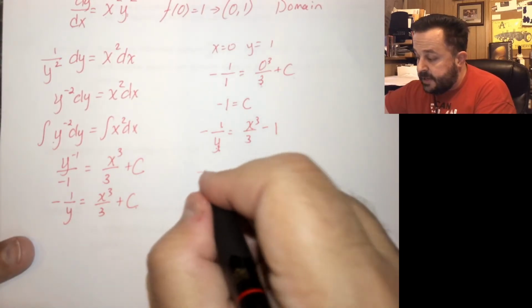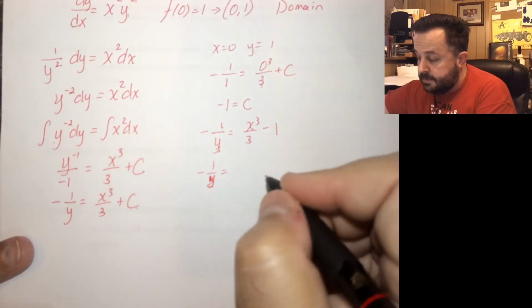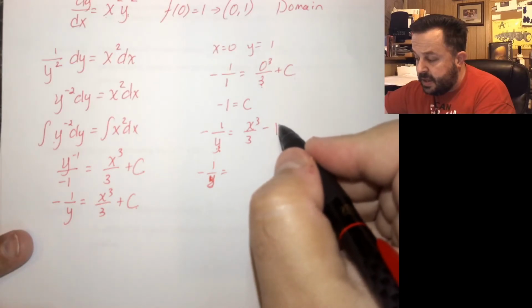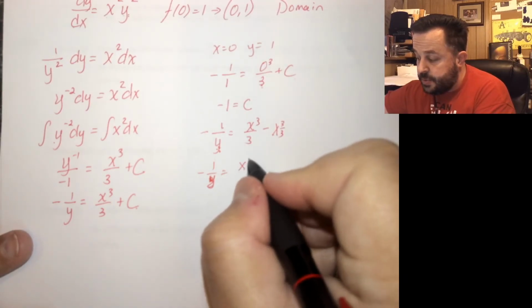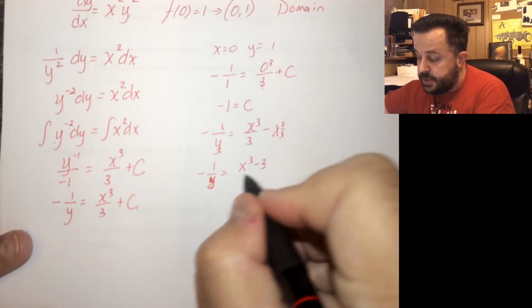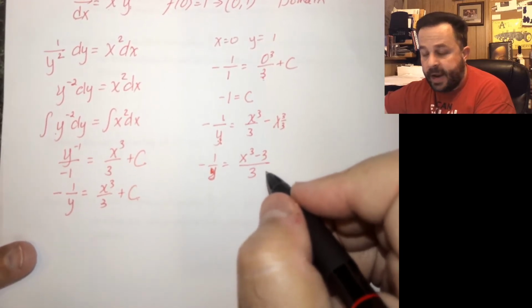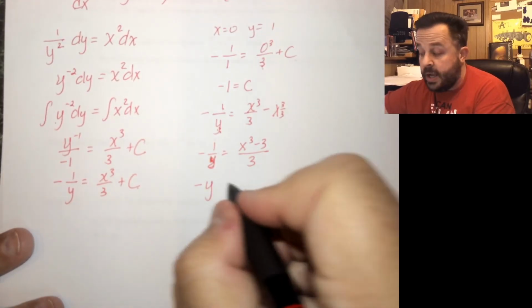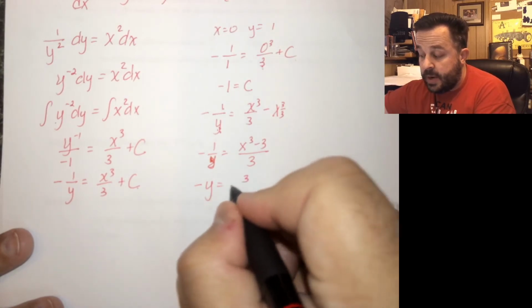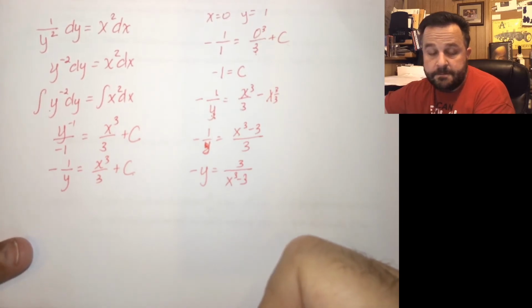So I can fix that by, let me put that 1 over y, by going ahead and thinking of 1 as 3 over 3, and then combining these two terms to make it x cubed minus 3 over 3. Now the entire right side is a fraction. So if I reciprocate the left side, I get negative y, and if I reciprocate the right side, I get 3 over x cubed minus 3.